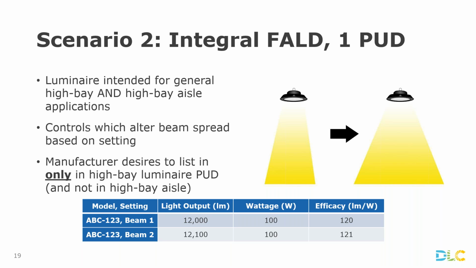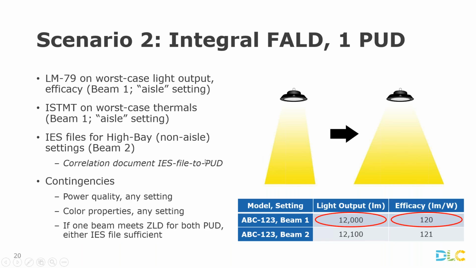So moving to the next slide, what this example highlights is even though the listing is only going to be requested in the high bay luminaire primary use designation, because that beam 1 setting is worst case, the testing will still be required on that beam 1 setting for LM79 and for ISTMT.